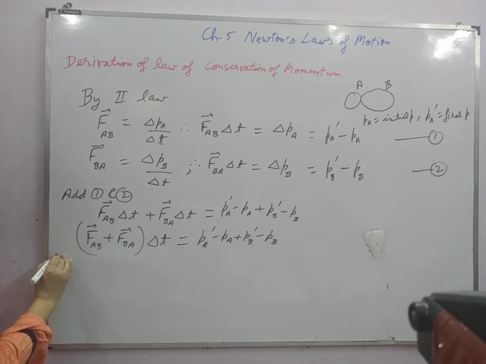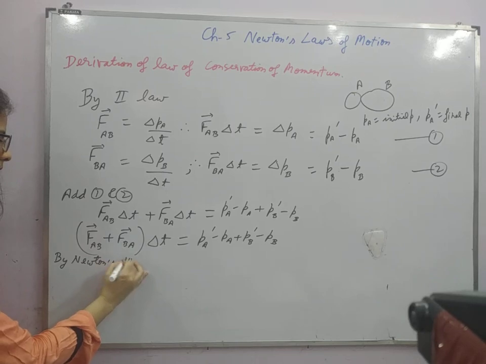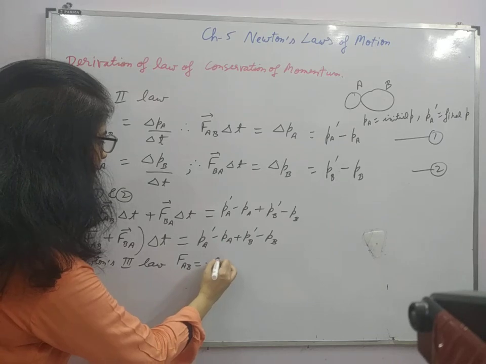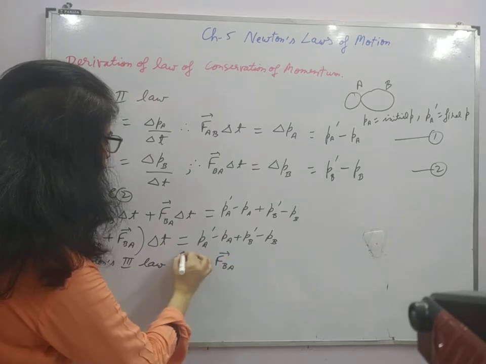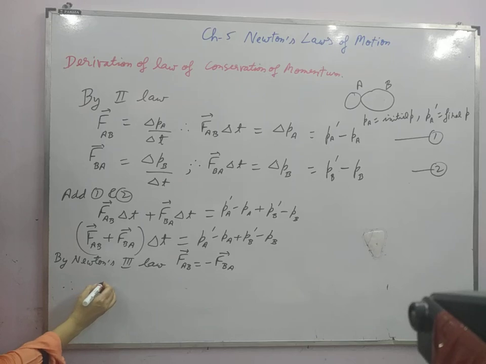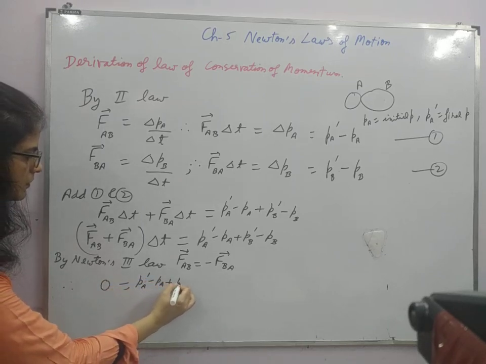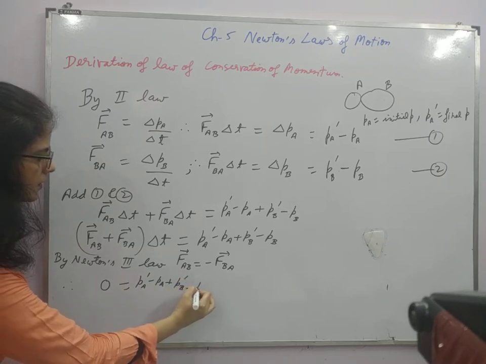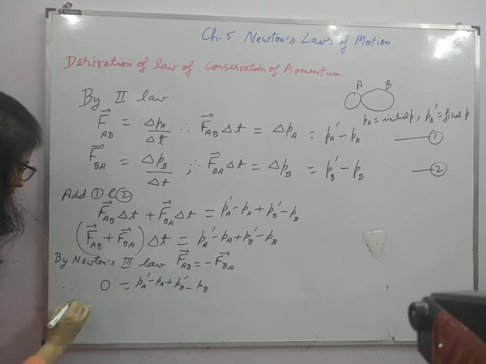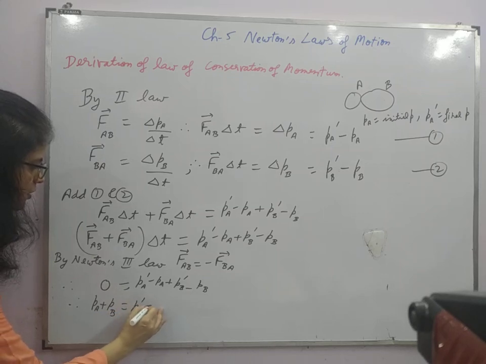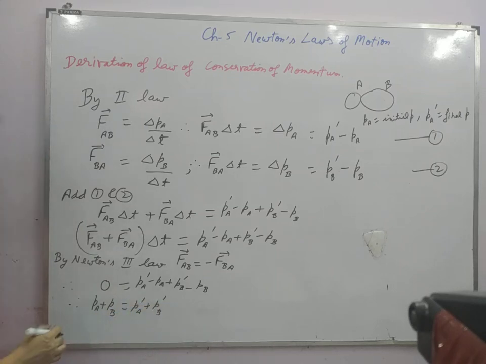Now by Newton's third law, FAB is equal to minus FBA. Therefore 0 is equal to PA dash minus PA plus PB dash minus PB. So PA plus PB is equal to PA dash plus PB dash.